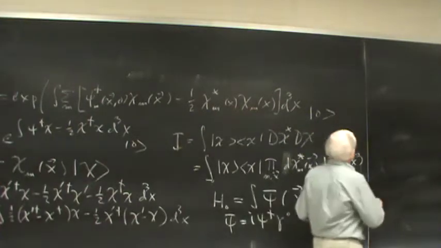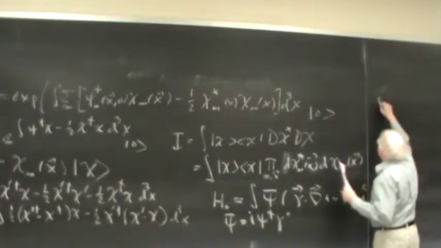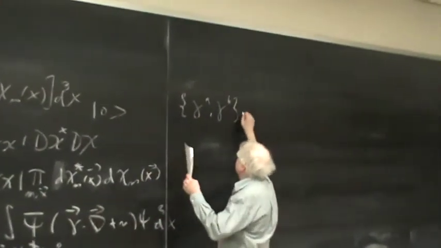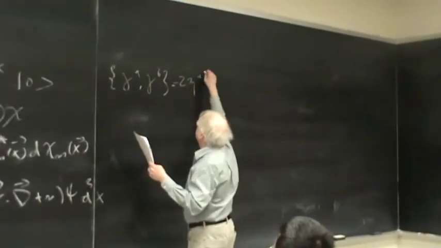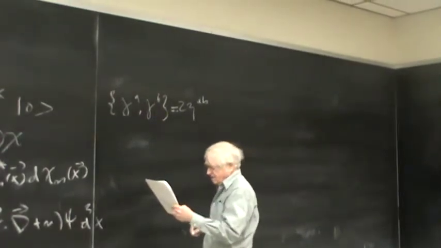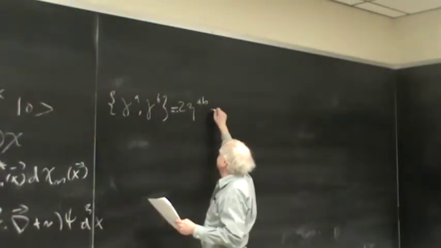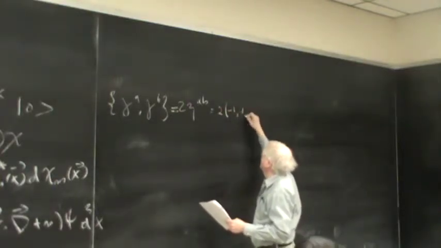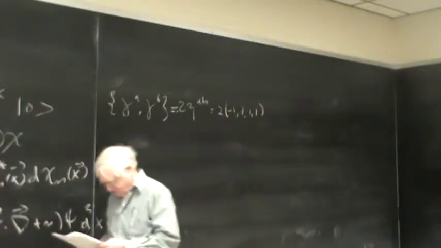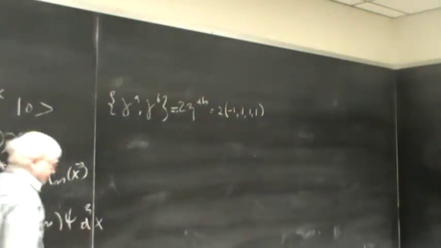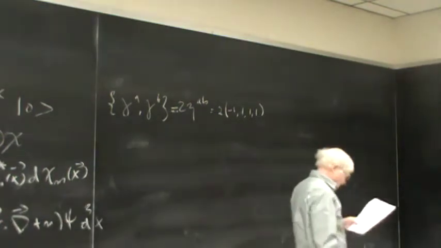And I am using Weinberg's gammas. So we have the anti-commutator of gamma A, gamma B is 2 eta AB. Of course, this is also Schwarz's convention, but Weinberg has eta to be the diagonal of minus 1, 1, 1, 1. And that's probably a better choice of metric, although p squared is minus m squared with this method.